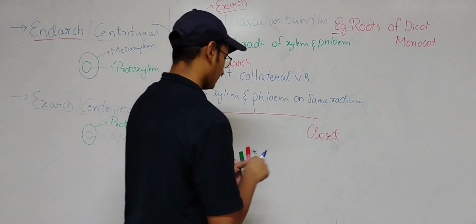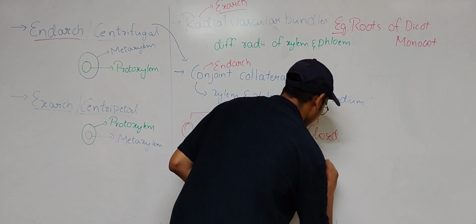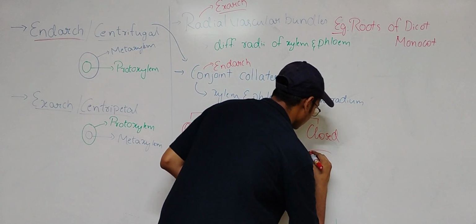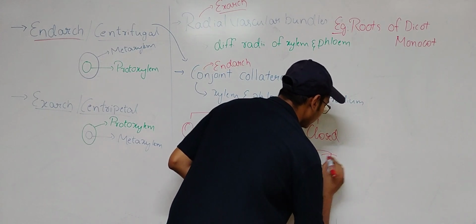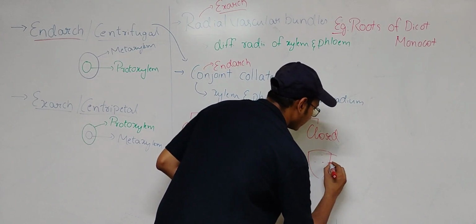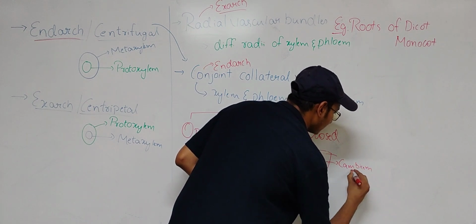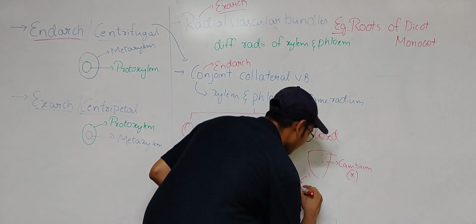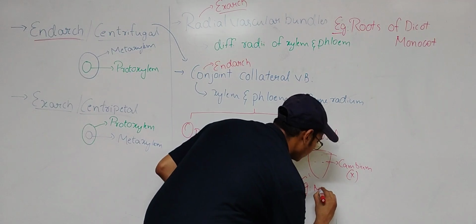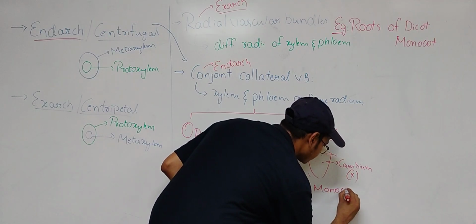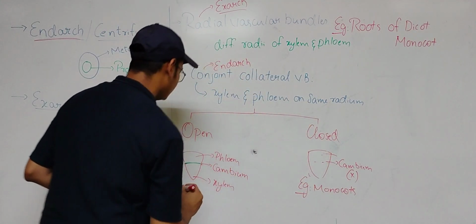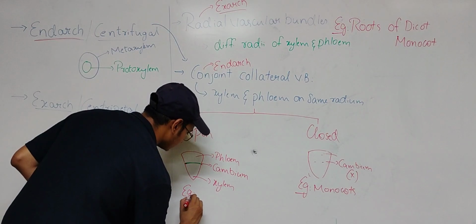But in closed they don't have it, and that can be seen in monocots. And this open type can be seen in dicots.